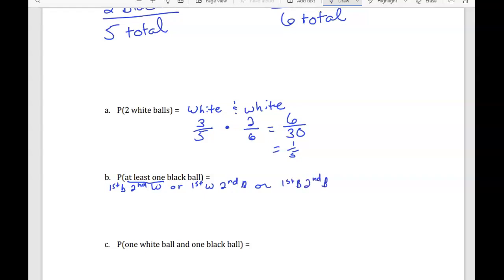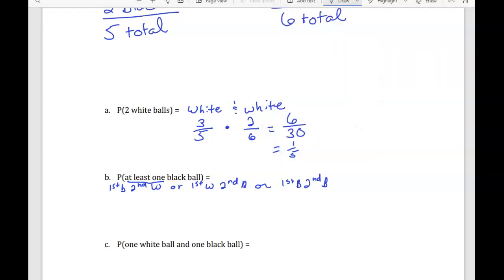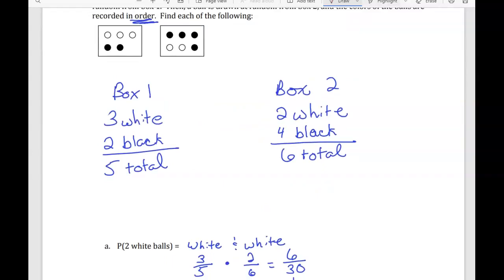All 3 of these possibilities would give me at least 1 black. The only way that I do not get at least 1 black is if I get a white and a white. Okay?